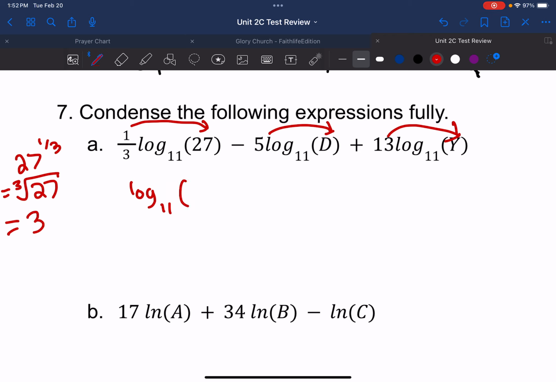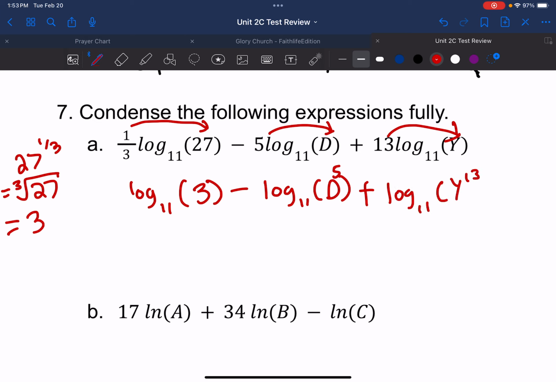So I can rewrite that as log base 3 minus log base 11 d to the 5th plus log base 11 of y to the 13th. And remember, when I combine these, addition goes on top and subtraction goes on bottom, because subtraction becomes division, addition becomes multiplication.